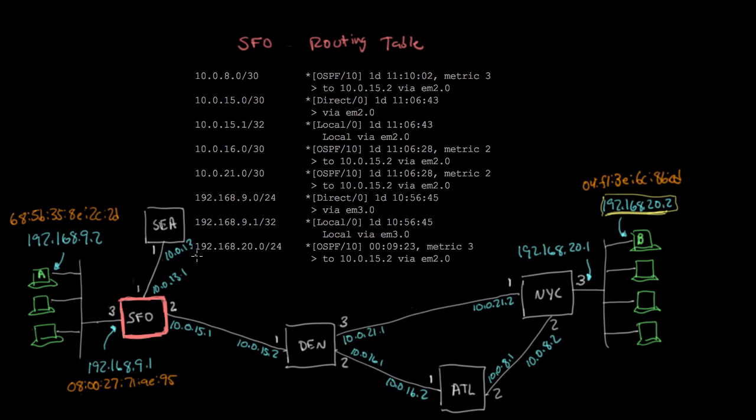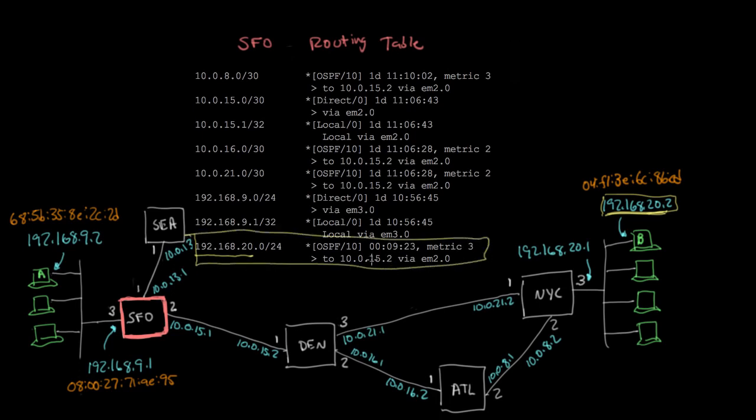The prefix it finds is 192.168.20.0/24. The /24 means we're only comparing the first 24 bits, which really means just the 192.168.20 part. And 192.168.20 matches the first 24 bits of 192.168.20.2. So it's going to choose this route right here.